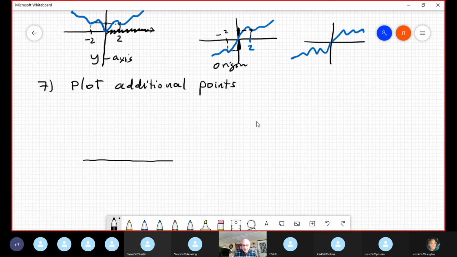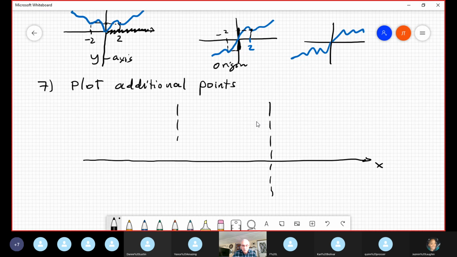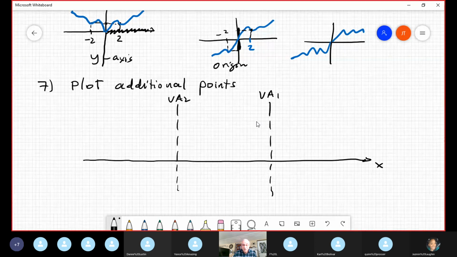you have, for example, the x-axis. This is my famous x-axis. I discover the vertical asymptotes, suppose 2 vertical asymptotes. Vertical asymptote number 1, vertical asymptote number 2. And also we discover the x-intercept points.